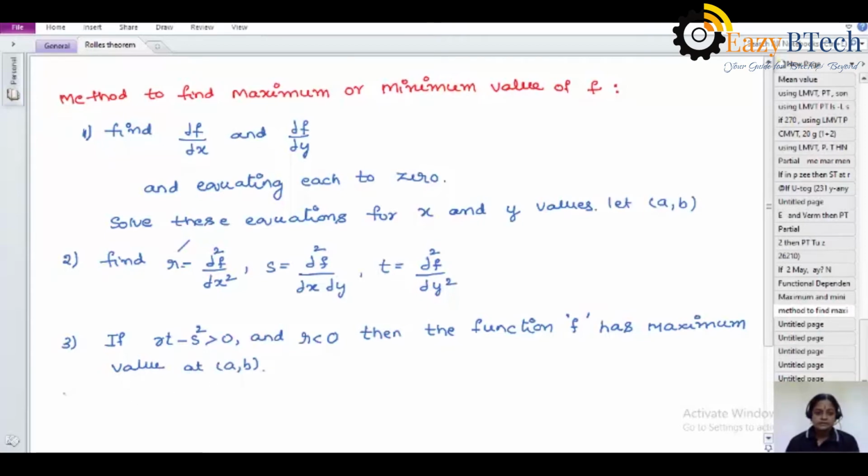Okay, and coming to the fourth point. If rt minus s square is greater than 0 and r is greater than 0. So observe the third condition and the fourth condition. In the third condition, rt minus s square is greater than 0 and r is less than 0, and in the fourth condition, rt minus s square is greater than 0 and r is greater than 0.